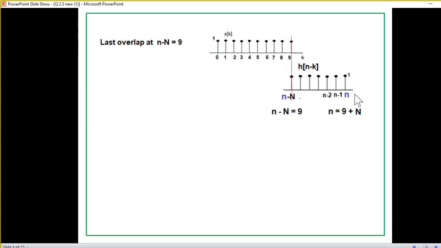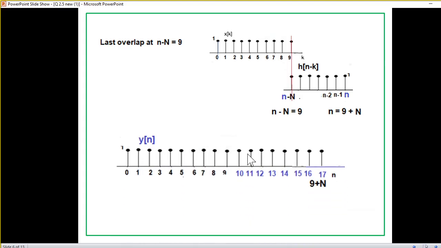And from here, we can find the last limit. That is, if n minus N is equal to 9, from here you can see n is 9 plus N. So this is the last limit. And then we can plot y[n]. So this is how I have plotted, just to give you an idea. This may not be very accurate because this point could be anywhere. We don't know N.